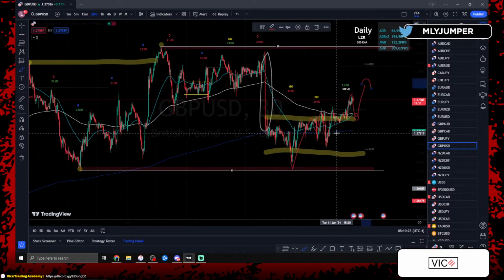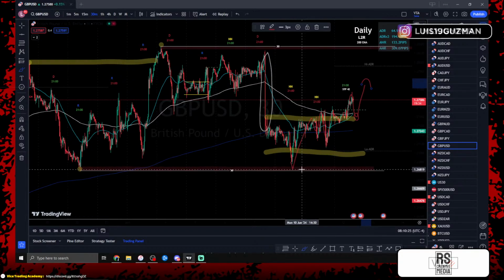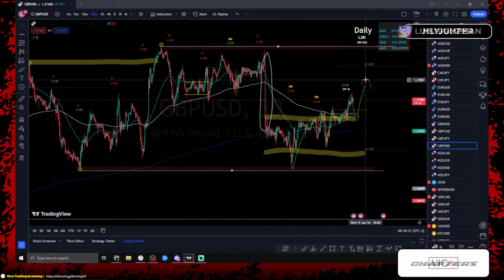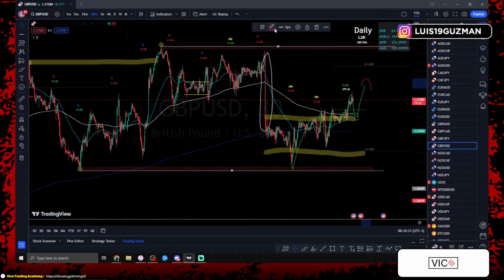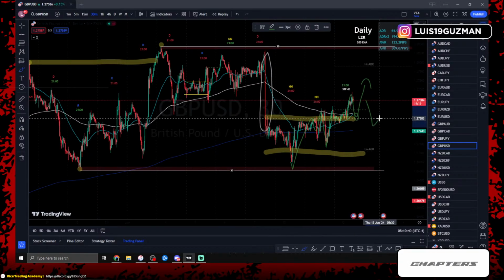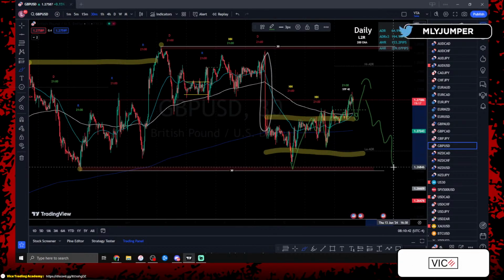But because price never came back down to the 30-minute low, price, however, on the other side of things, let's change this color so we're not confused. Price could always now come back down into these lows and then do this.